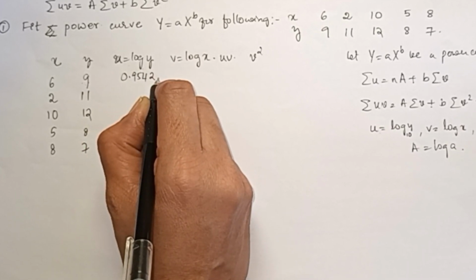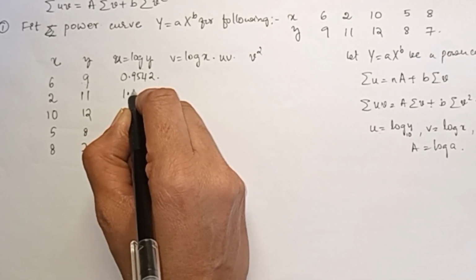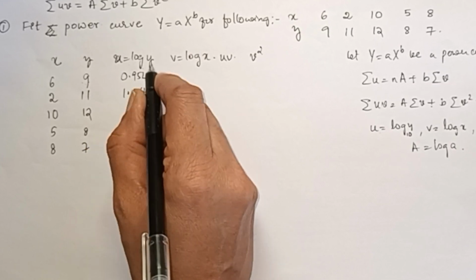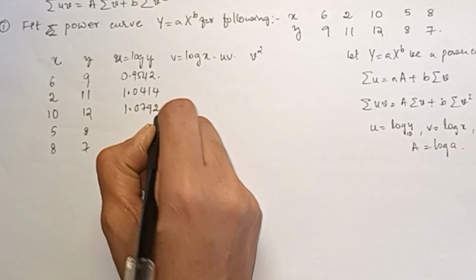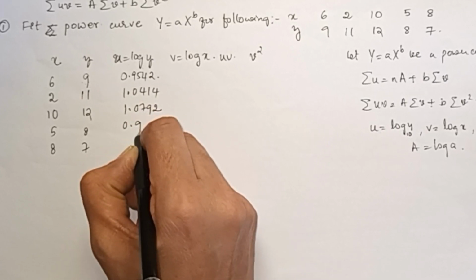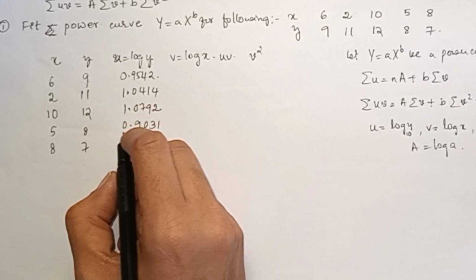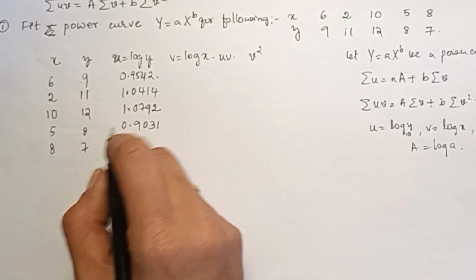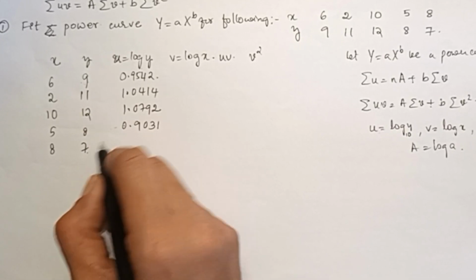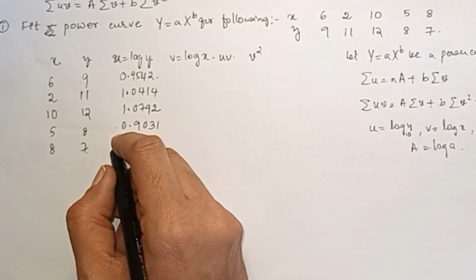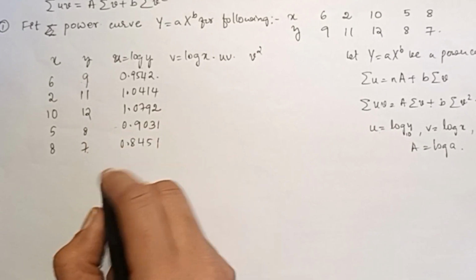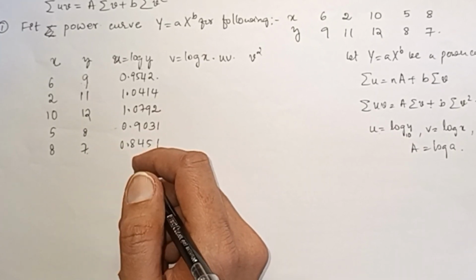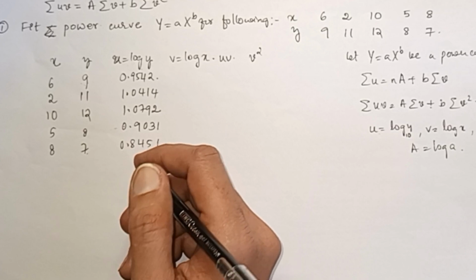Then log of 11, 1.0414. Then log of 12, 1.0792. Then log of 8, 0.9031. Then log of 7, last one, it is 0.8451.